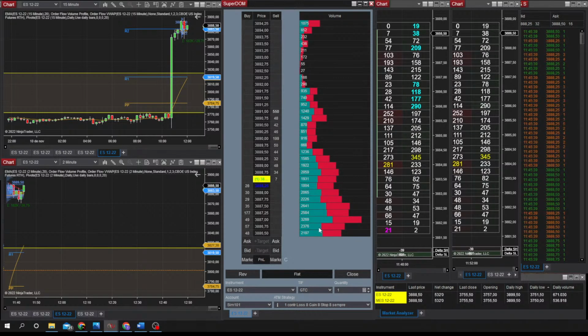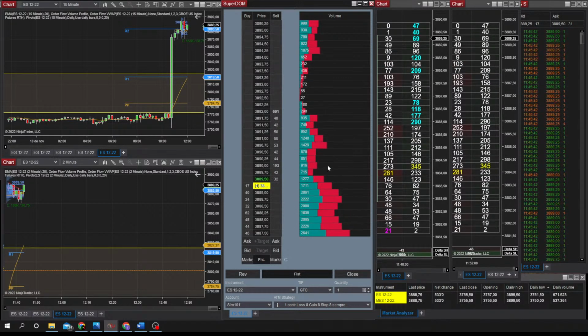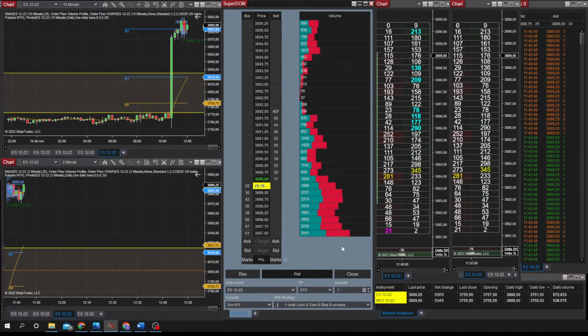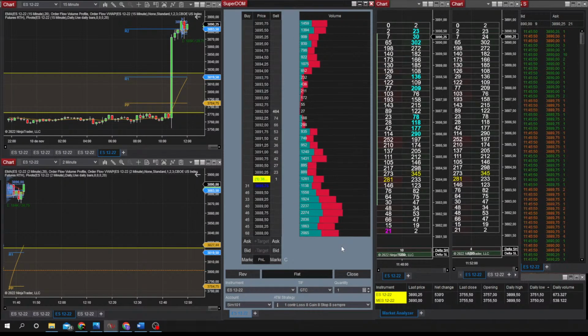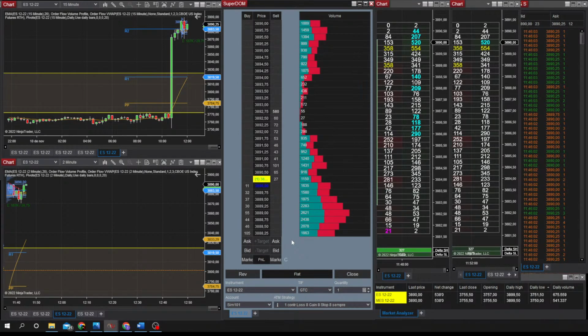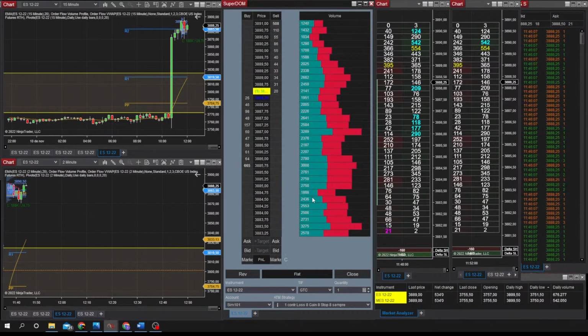So I prefer to concentrate on the limits of the regions. For example, here in the 92, or here in the 90, is an important region. So a failure to go over this region could be a more confident or more reliable entry than any other right in the middle.